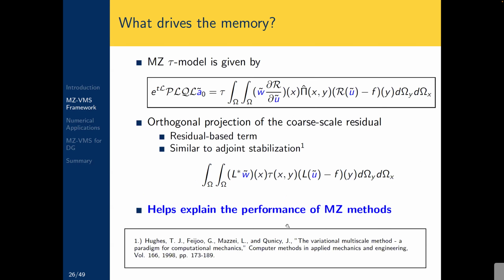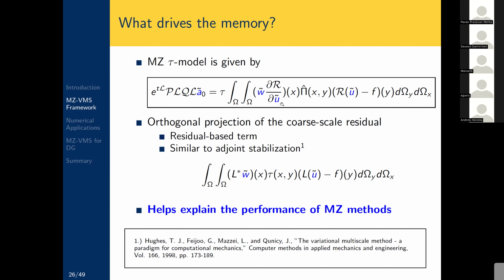That's a very powerful thing, that this MZ tau model is basically driven by the coarse scale residual. It was really exciting when we discovered this, because it opens up a whole bunch of commonalities between what we're doing with MZ and what's been done classically.